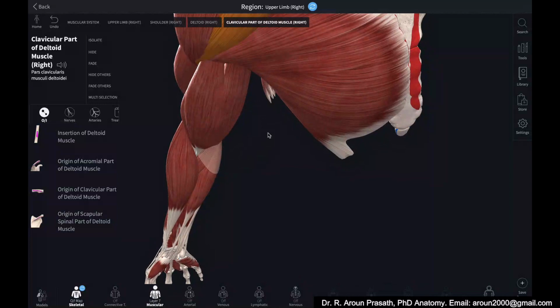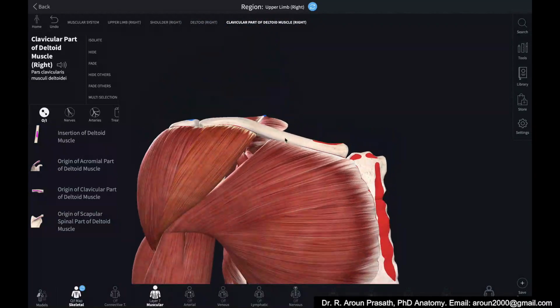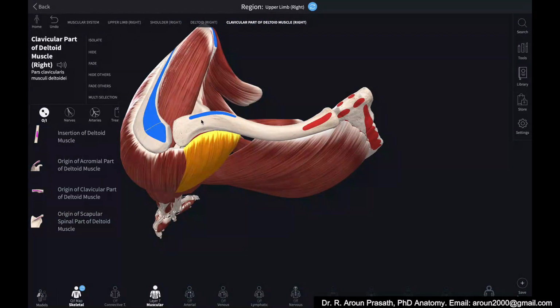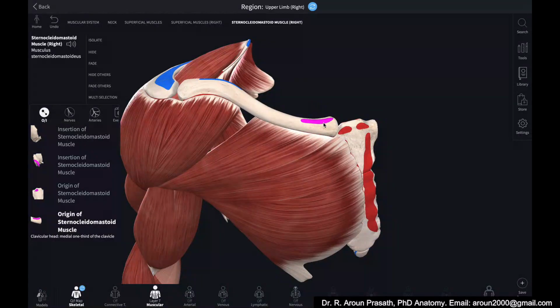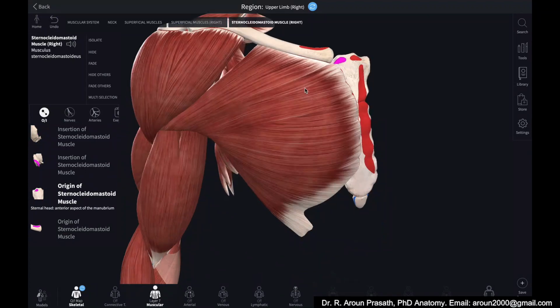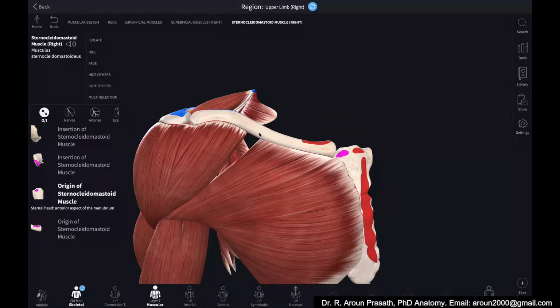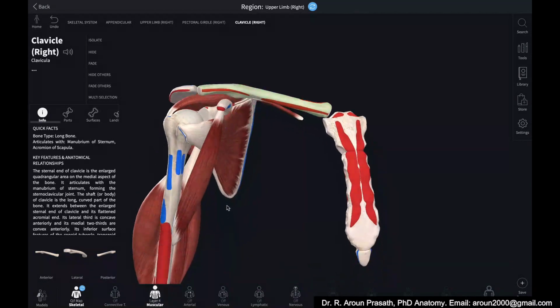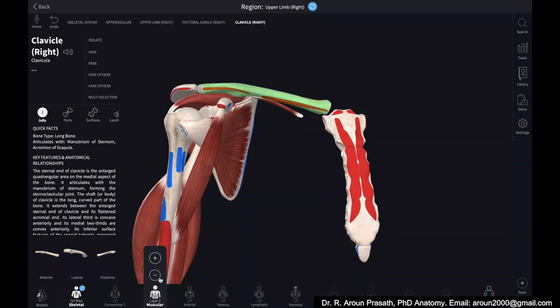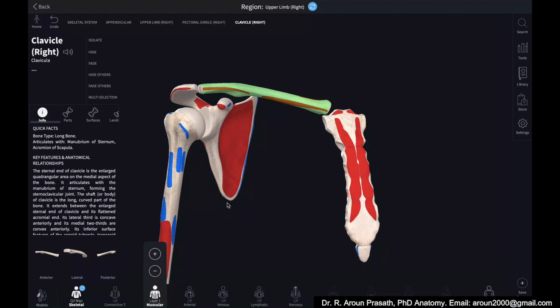Here you have the origin of the sternocleidomastoid muscle, with a clavicular part, a sternal part, and the mastoid part in the neck. So these are some of the muscles originating and inserting on the clavicle.